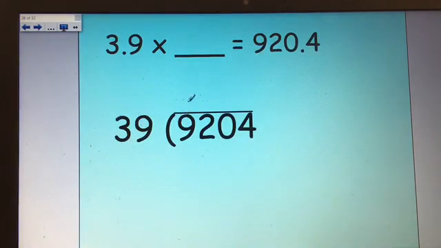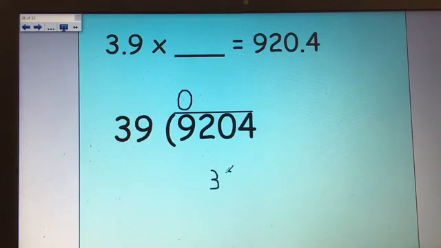How many times does 39 go into 9? Goes in 0. How many times does 39 go into 92? I'm going to round that to 40 and that to 90. 40, 80, 120. No, definitely going to be 2. So I'm going to do 39 times 2.